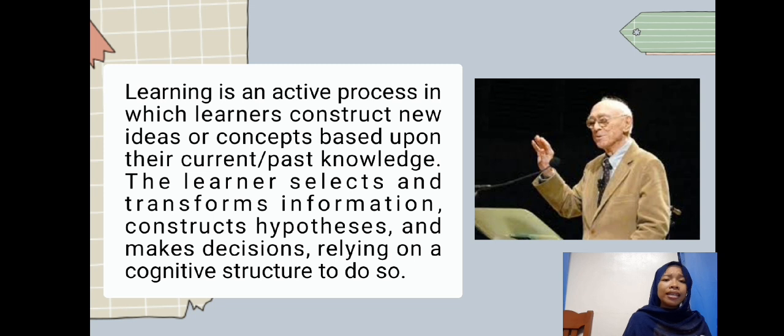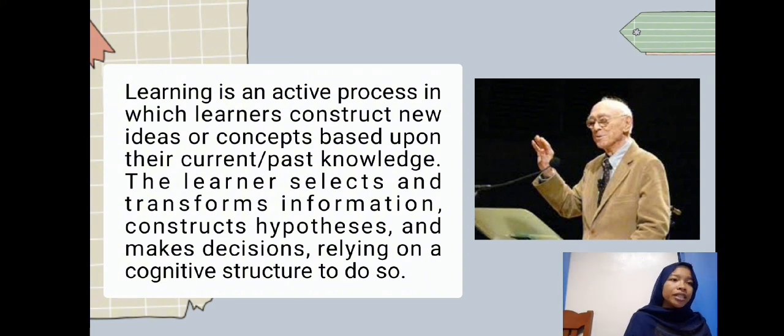Now, learning is an active process. We all believe in that. It is an active process in which learners construct new ideas or concepts based upon their current and past knowledge.